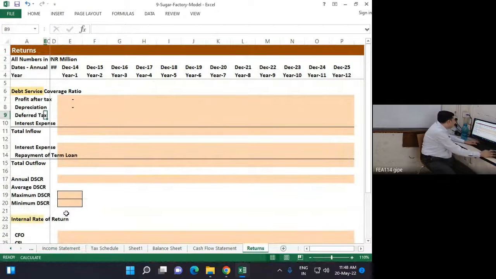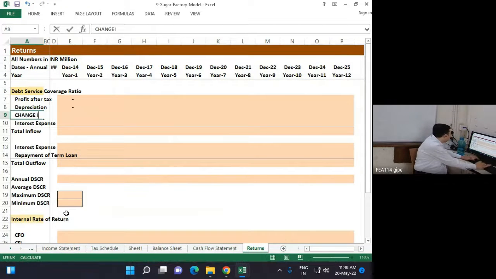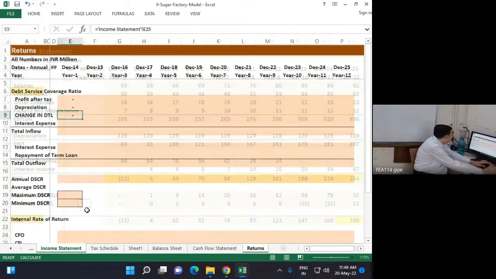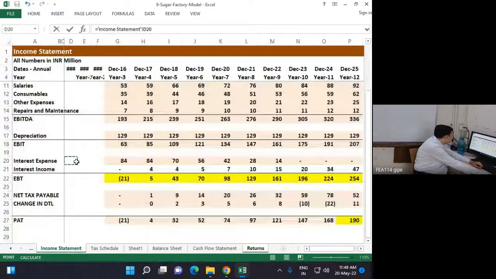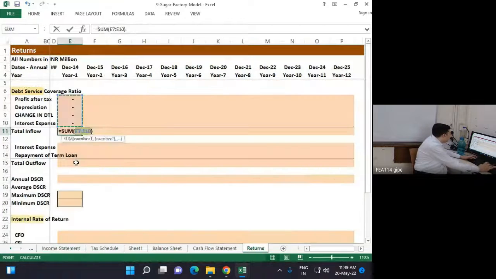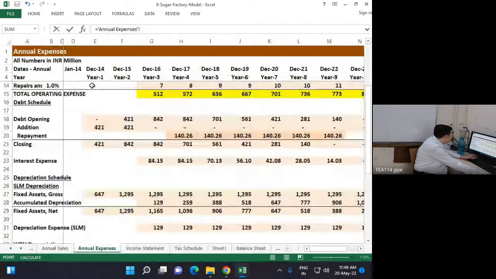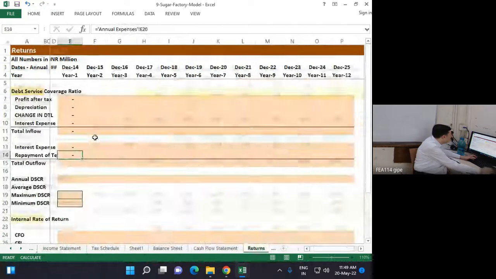Deferred tax, change the name here to change in DTL. Again, take it from the income statement, and interest expense also can be picked up from the income statement. Then you can link the interest just from above. Repayment of term loan you will get in annual expenses page, row number 20.